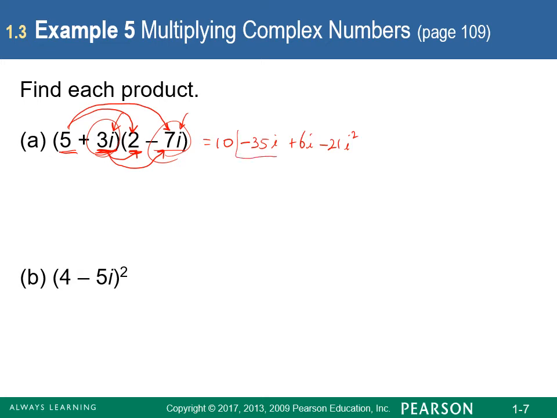So I'm going to put these two together. Negative 35 plus 6 is negative 29i. I'm going to replace the i squared with negative 1. Now the negative 21 times the negative 1 will be a positive 21.